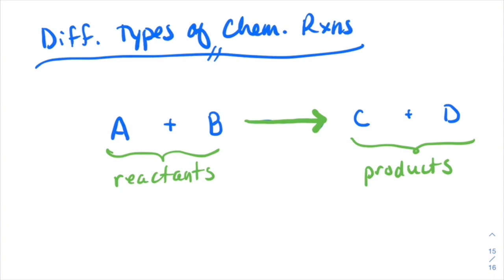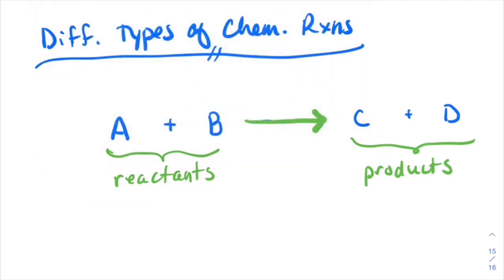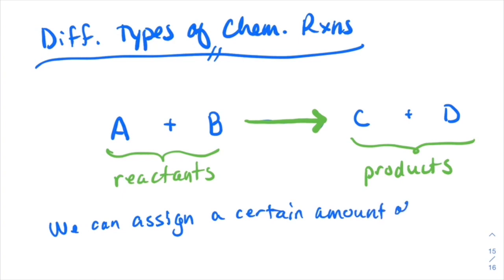Now, chemists and physicists can actually look at a set of reactants and assign a certain amount of energy to them. Well, scientists can, I can't personally, but chemists and physicists can assign a certain amount of energy to reactants and products.